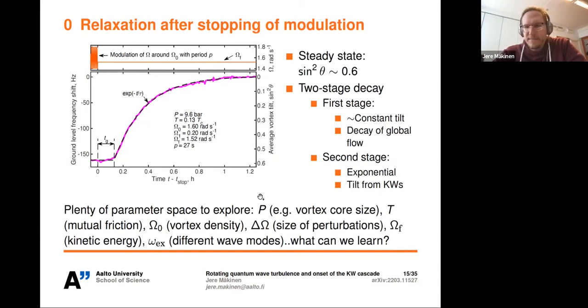We could change the final rotation velocity to control the amount of kinetic energy released in this process. There's a kinetic energy release between the average velocity and the final velocity if they're not equal, because the vortices imitate solid body rotation. We can in principle also control the excitation frequency to excite different wave modes. So given all this, what can we learn about this system?